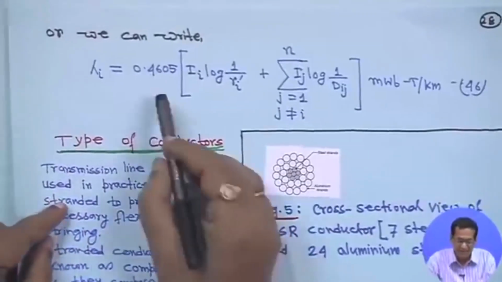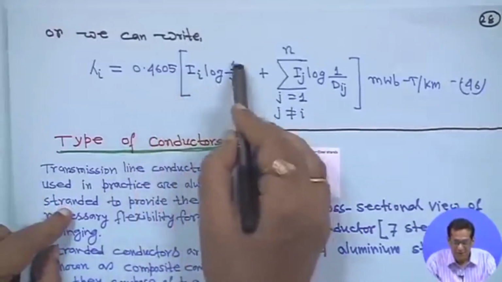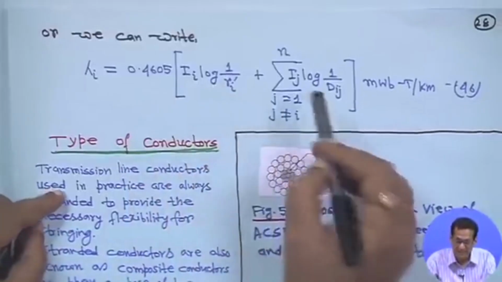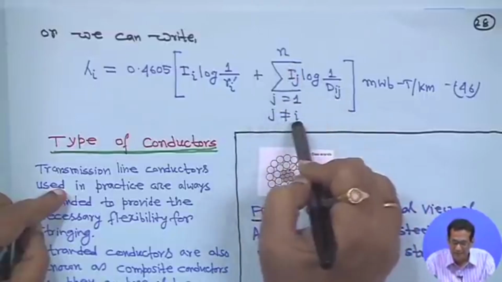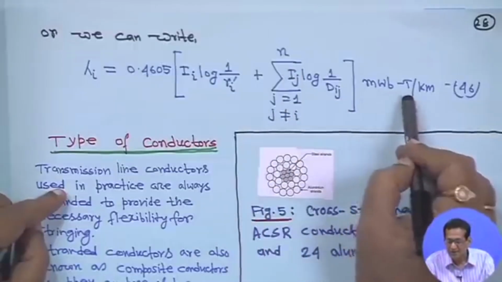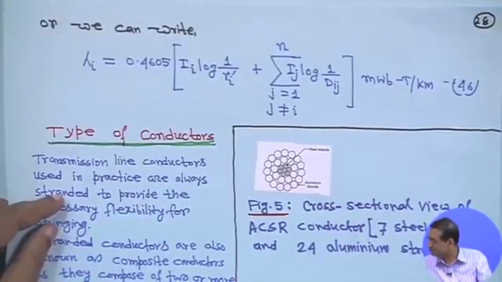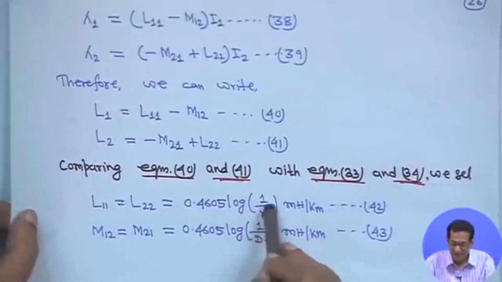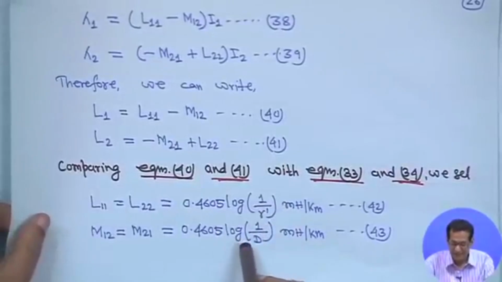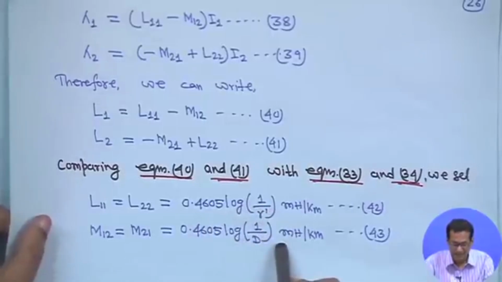In this case, lambda I can be written as 0.4605 taking common, Ii into log 1 upon Ri dash, same formula you are using, plus Ij log 1 upon Dij, j is equal to 1 to n, j not equal to I, milliweber turns per kilometer. So, there we have seen two terms: the first term is 0.4605 log 1 upon r dash, and the second term is 0.4605 log 1 upon d, the mutual term, right.